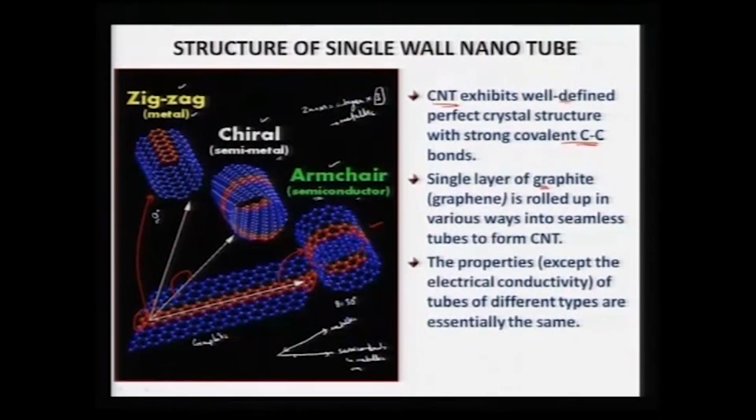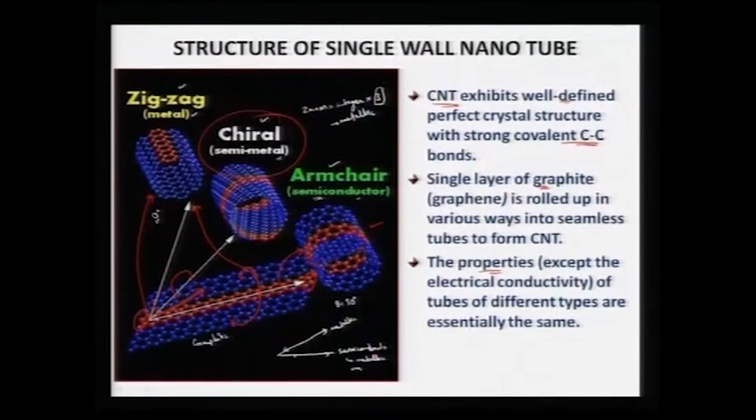If I roll them like this, the extreme ends will come together to give armchair, and if I am rolling it like this, I am getting zigzag. If I roll them in any other direction, then I am getting this chiral type of structure.